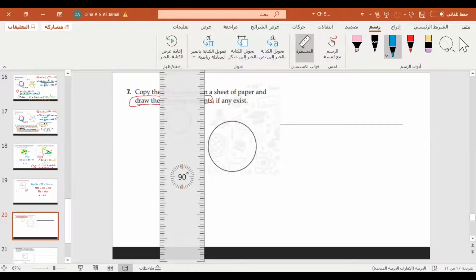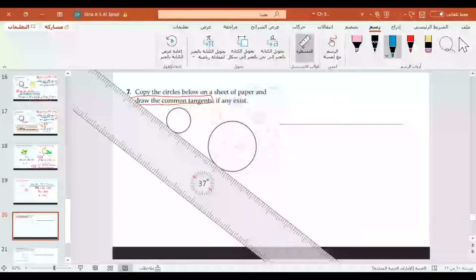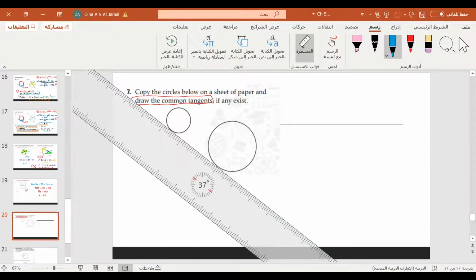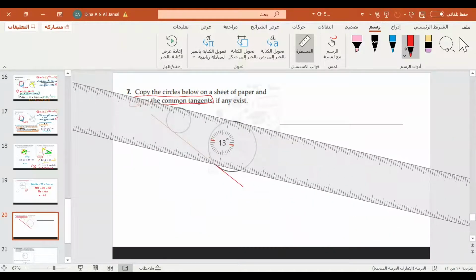Whenever you are thinking of a common tangent, you should think of something that will be tangent to both circles, not only one of them. So for the first tangent, I can draw a line that is touching both of them, and at the same time another line touching the other side.